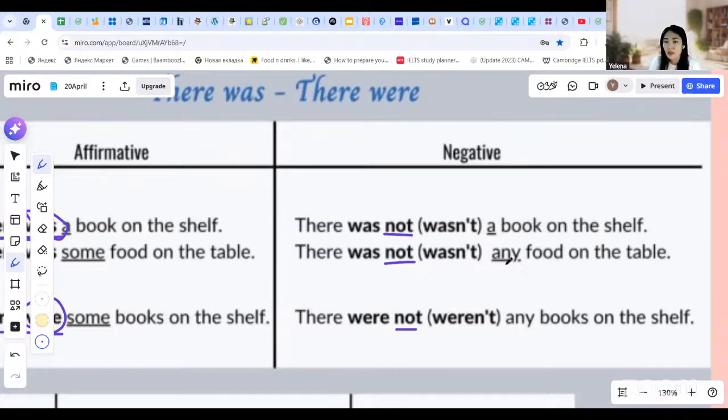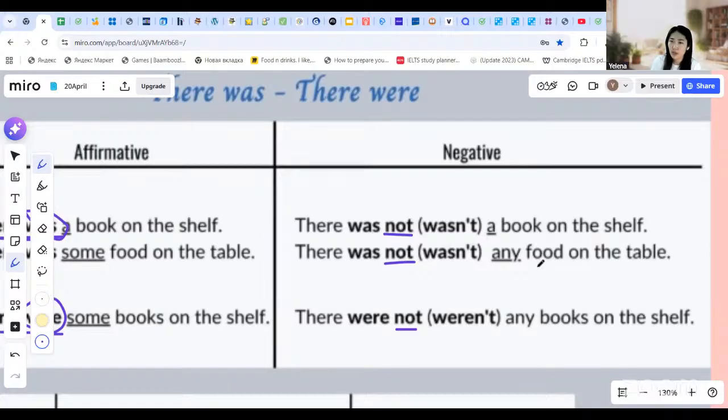But, Saihan, when we make questions or negatives and the noun is uncountable, you know what uncountable means? Uncountable. Неисчисляемый, да? Yes, неисчисляемый. For example, what uncountable nouns do you know? Water. All right. Liquids, все жидкости, да? Yes. What else? Что еще у нас? Забыли? Okay.